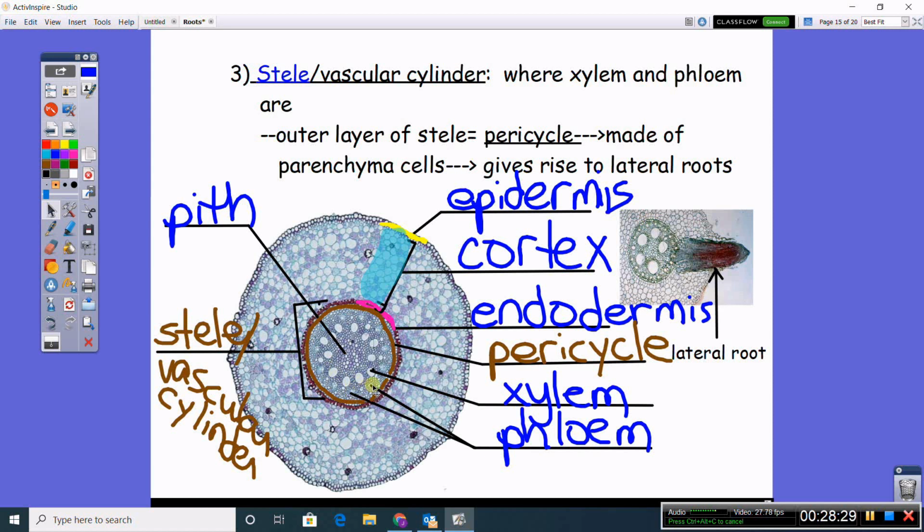The smaller circles that are kind of more external to your xylem, those are your phloem. They're kind of located in between the bigger xylem circles. And then the core is going to be your pith. Now this picture over here is just showing you that your lateral roots, this is a lateral root, like you might see associated with a taproot, it will come out of the pericycle.